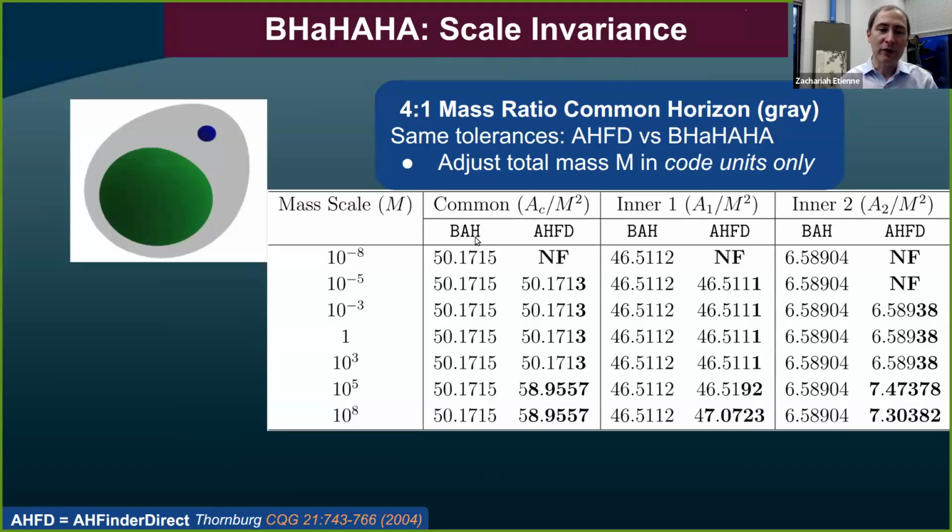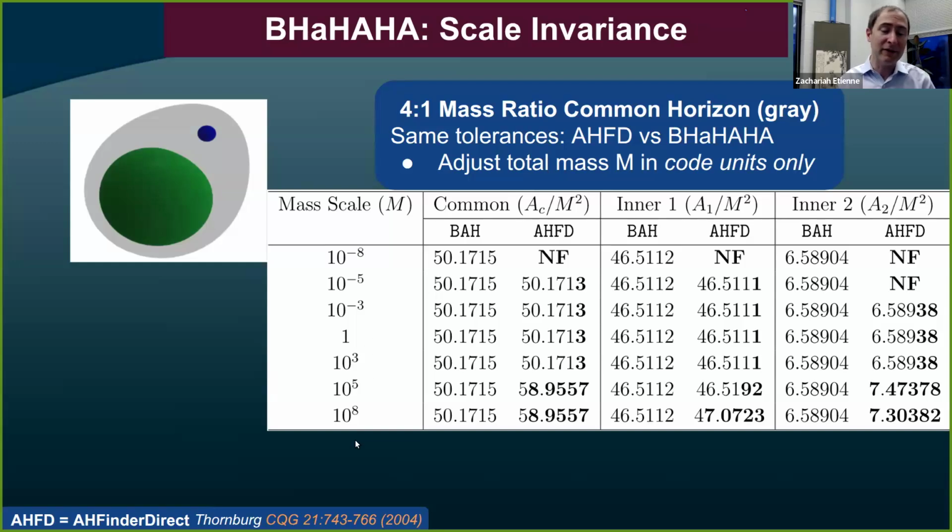So, in other words, if the total mass of the 4-to-1 mass ratio is 10 to the minus 8 in code units, if you take the area and you divide it by m squared, that should be constant regardless of what the mass scale is. Baja is mass invariant in that case.